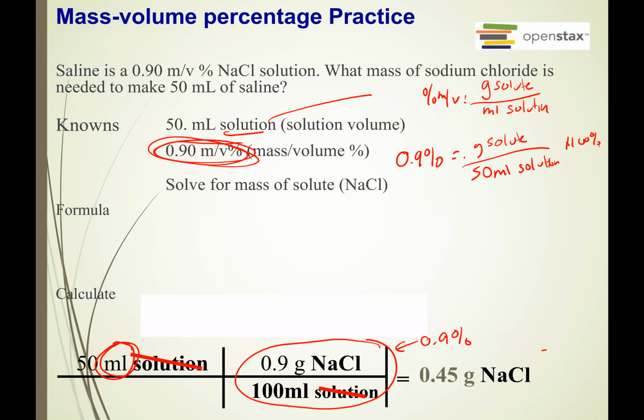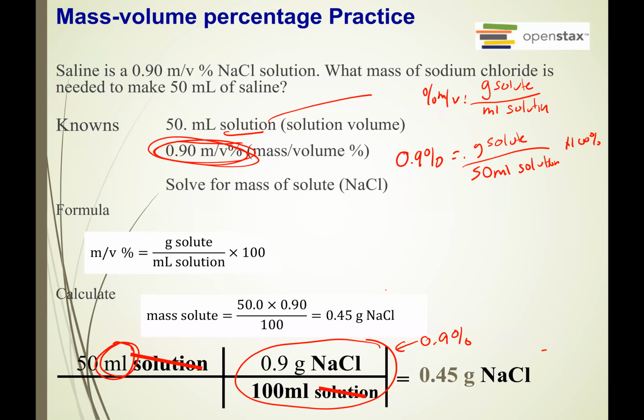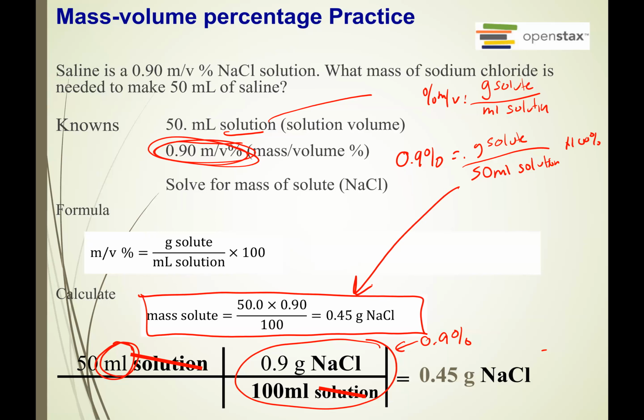Then you divide by 100, multiply, and you end up with the exact same answer. So this is just the mathematical solution. You can do this both ways.